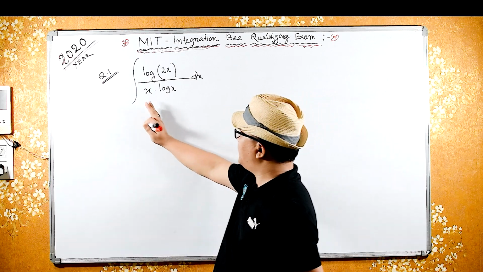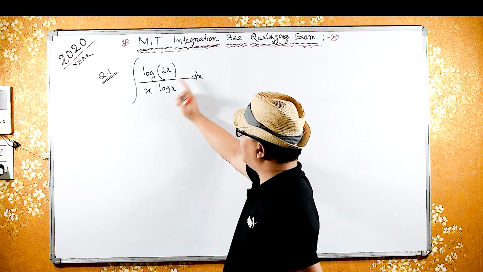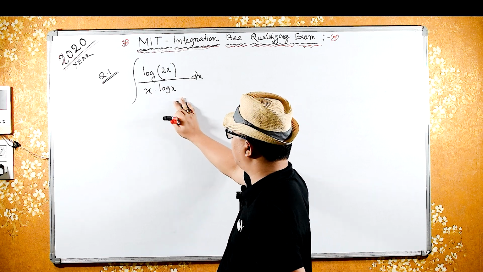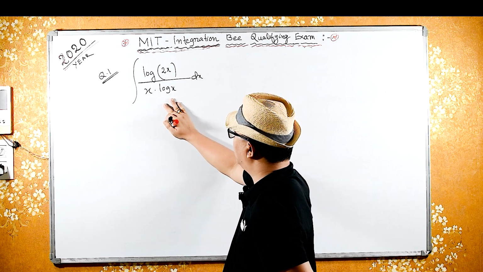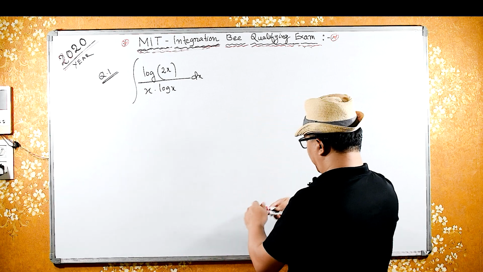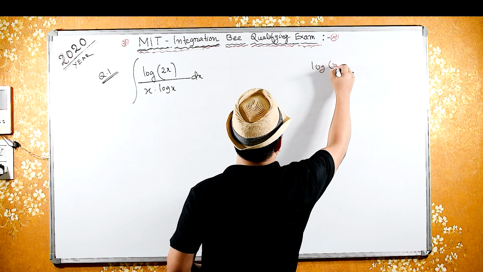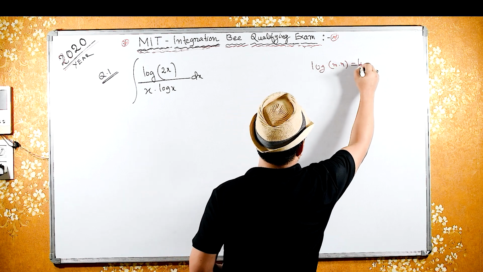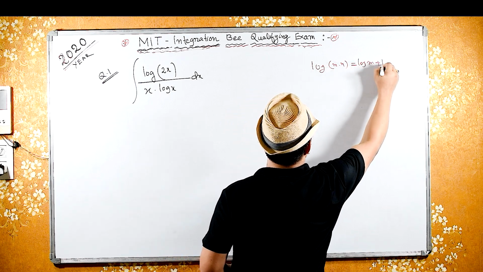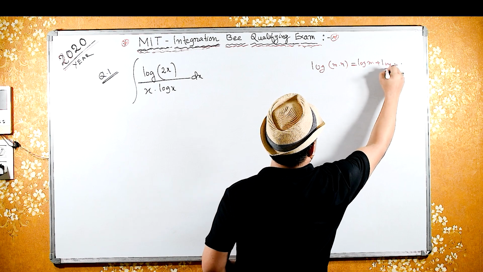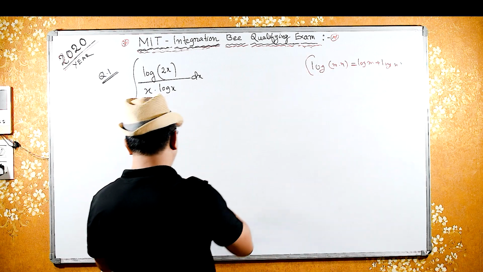Now the given integral is log of 2x upon x into log x. Now here we have a log property. Log of m into n is the same as log of m plus log of n. Now let's apply it over here.